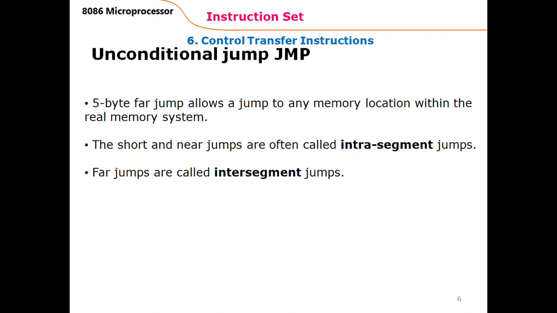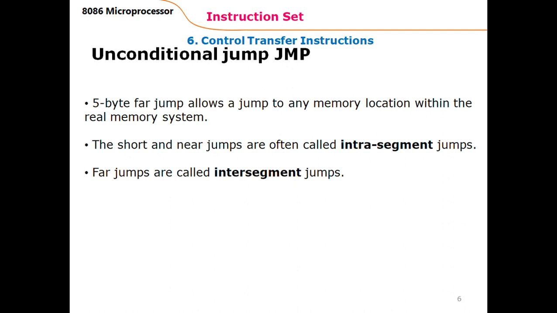We will see shortly that the short and near jumps are often called intra-segment jumps, because these two jumps allow the program control to transfer to any location inside the existing code segment.